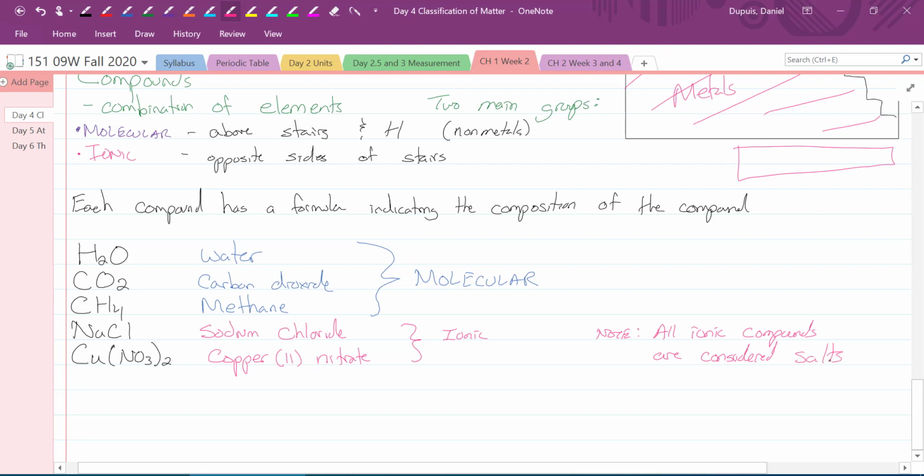So it's not just one salt, they're both salts. That's sodium chloride, that's a salt. Copper(II) nitrate is a salt. So any ionic compound is technically a salt. Table salt refers to sodium chloride, just like sea salt, a little bit different. And so those are all ionic compounds. All salts are ionic compounds.